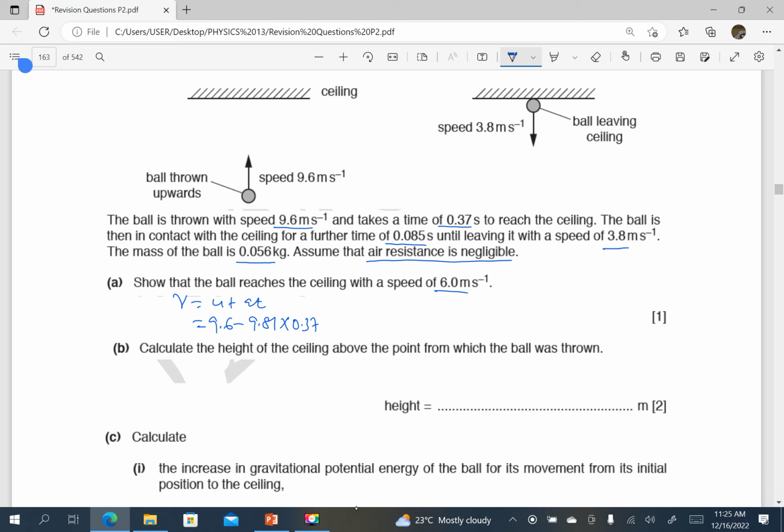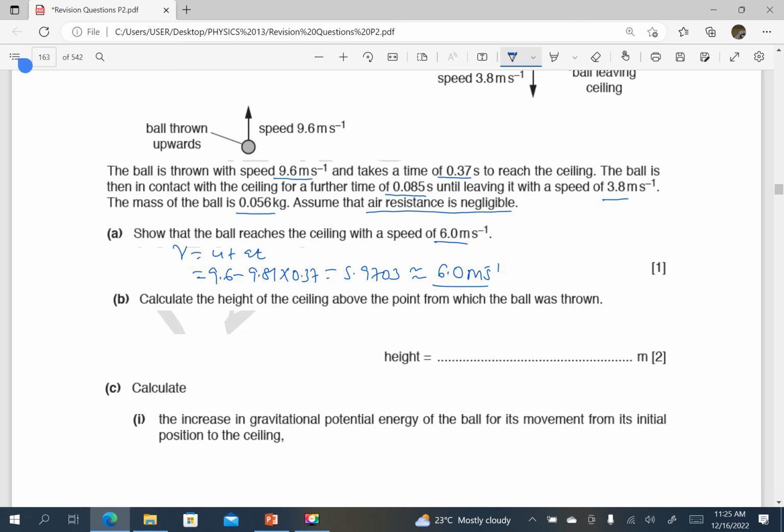I just press my calculator: 9.6 minus 9.81 times 0.37. This is giving me 5.9703, which is approximately 6.0 meters per second to two significant figures.